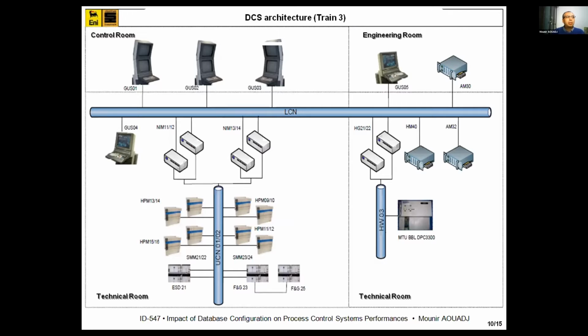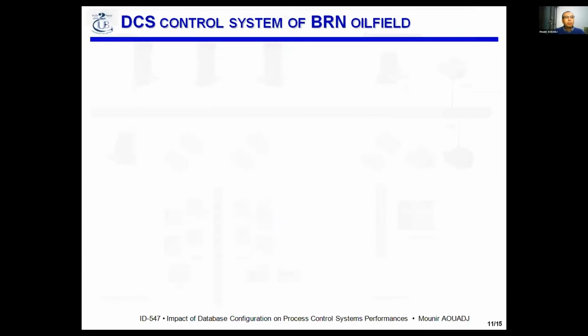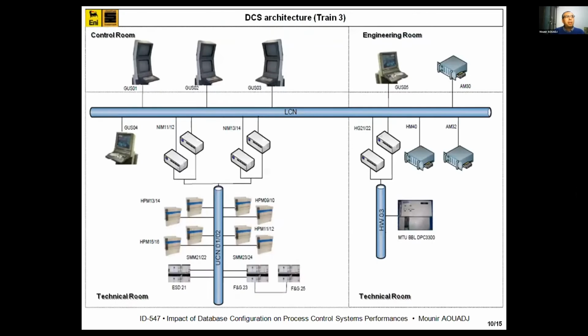Its main components are a main communication network called LCN, or local control network, one or several UCN networks, universal control network, and an HPM, or high performance process manager. It's similar to a PLC. It allows scheduling a large choice of control functions and data entry. It is the interface between the DCS and the input-output instruments related to the process.